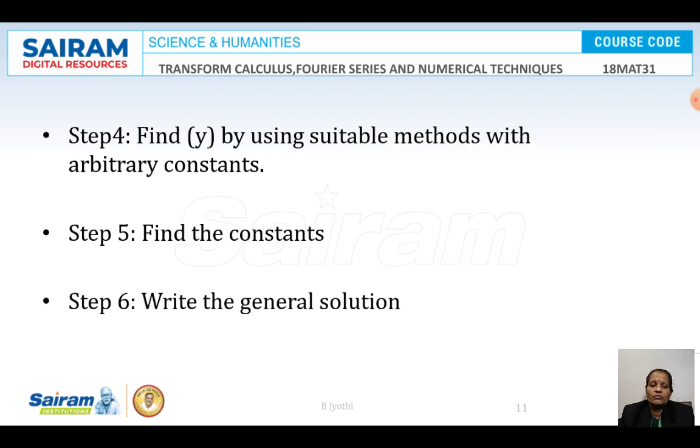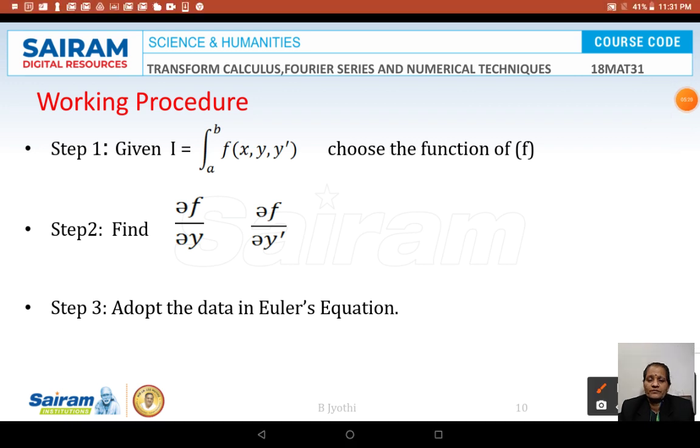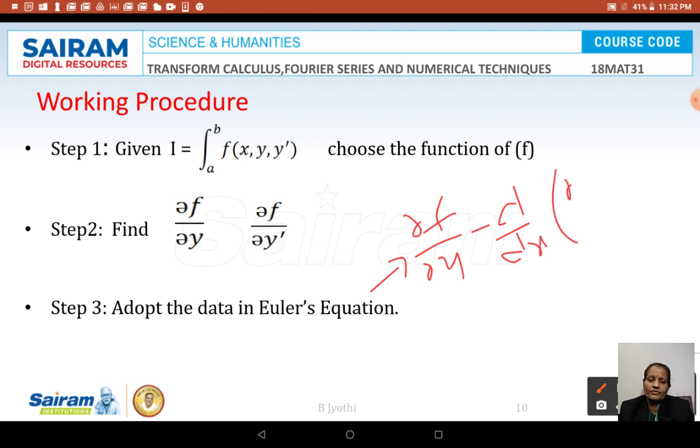And what is Euler's equation, which I have already discussed? This Euler's equation is nothing but ∂f/∂y minus d/dx of ∂f/∂y' equals 0. So whatever we find for ∂f/∂y and ∂f/∂y' can be substituted in this equation.